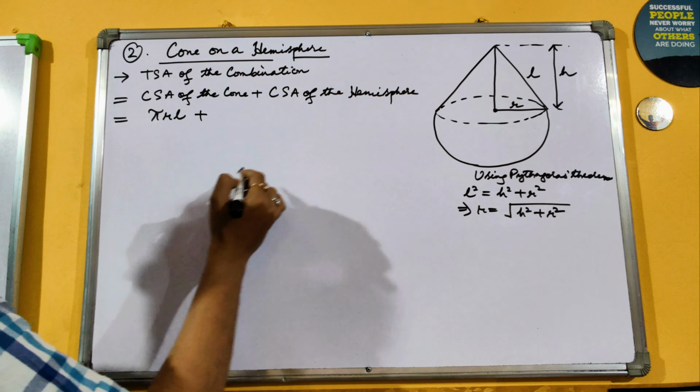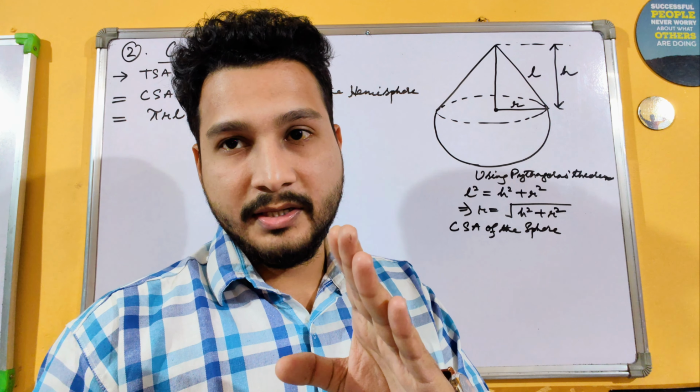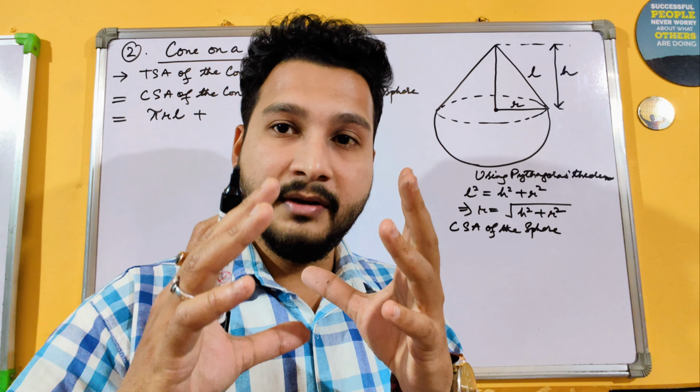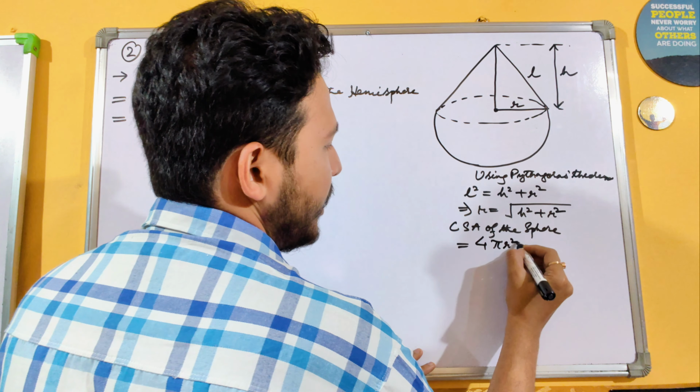Now pi r L plus, what is the curved surface area of the hemisphere? We know the CSA of the sphere is nothing but the total surface area of the sphere, because a sphere doesn't have any plane surface. It is always curved, so its total surface area is the same as its curved surface area. The curved surface area of the sphere is 4 pi r square.